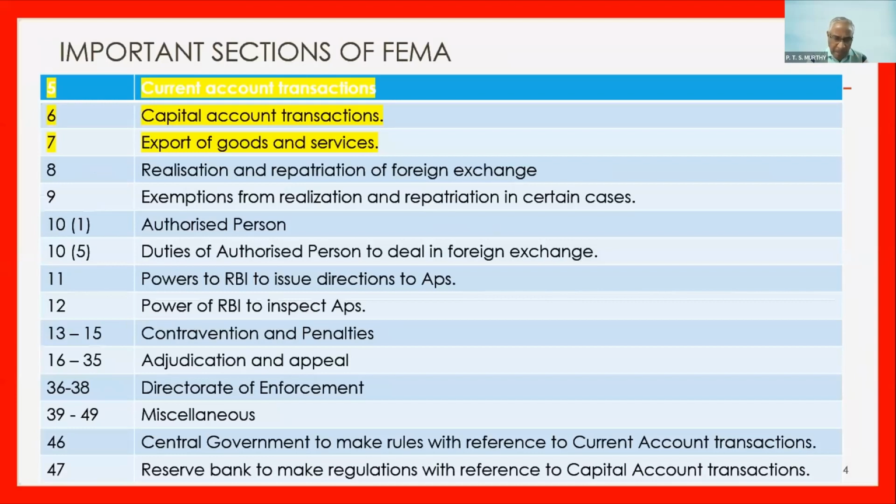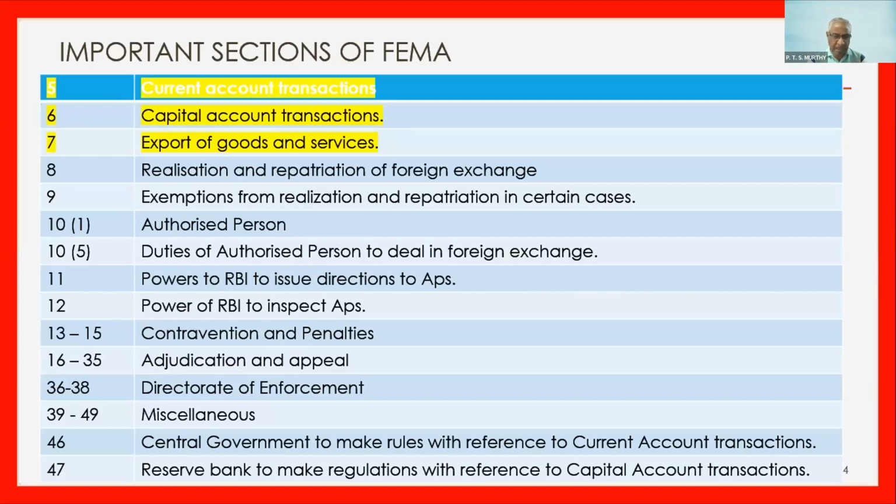FEMA gives empowerment to the Government of India to make rules with reference to current account transactions, meaning any current account rules introduced in our country are given by the Central Government of India. With reference to capital account transactions, the regulations are given by Reserve Bank of India.